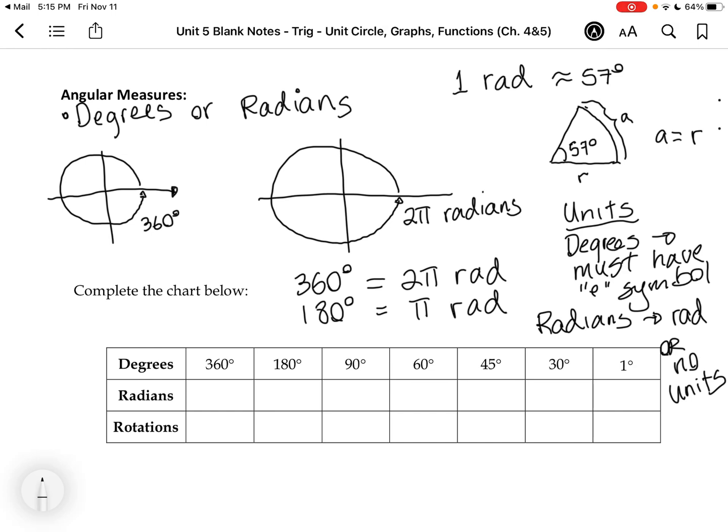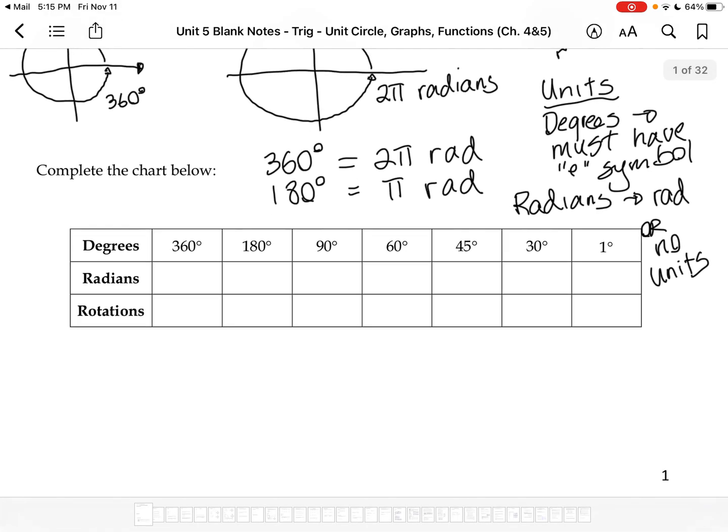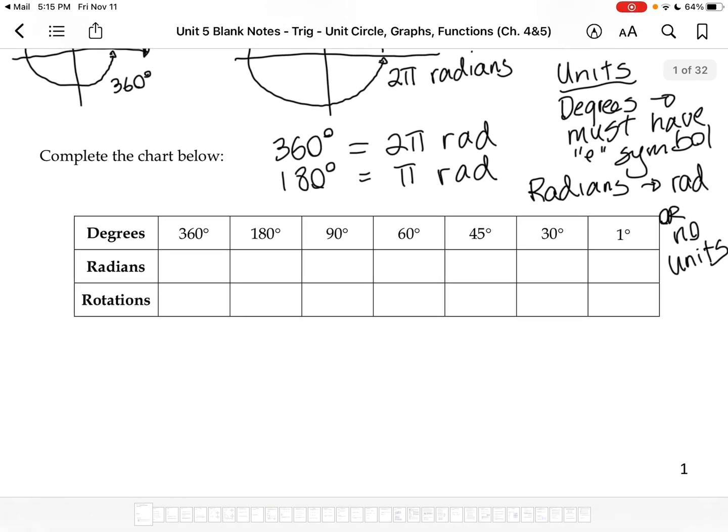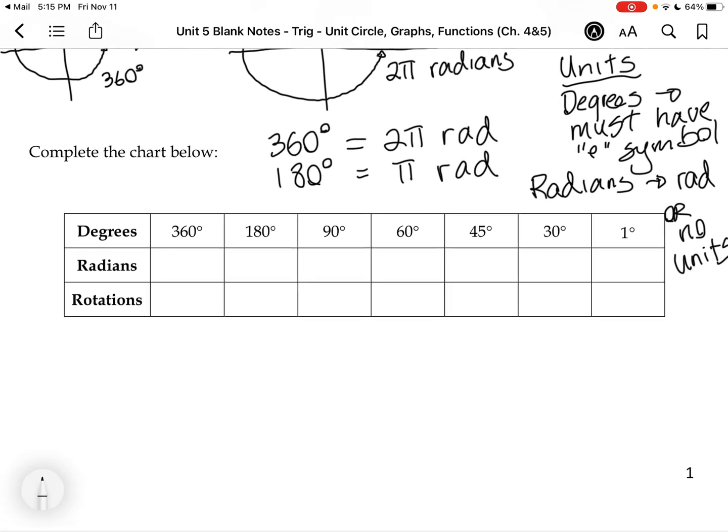Okay, so what I want to do now is show you some of the common angles that we look at in degrees and radians, and we're going to draw some of these too, not all of them.